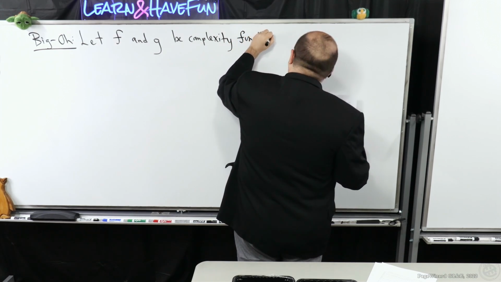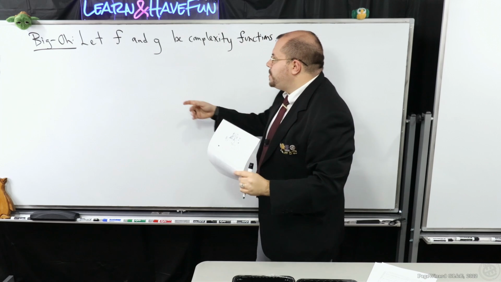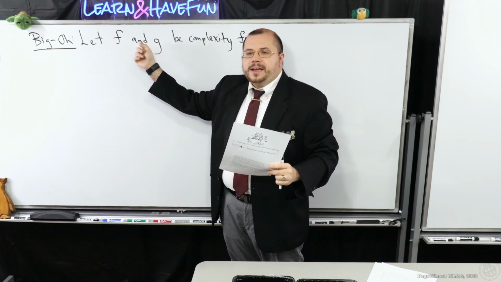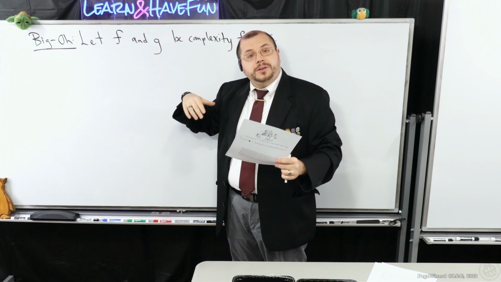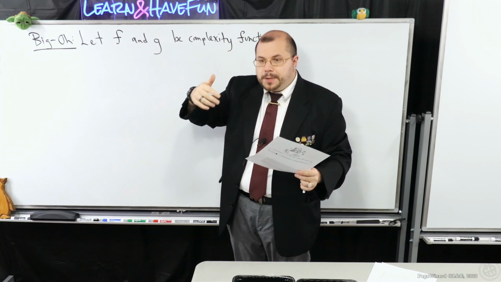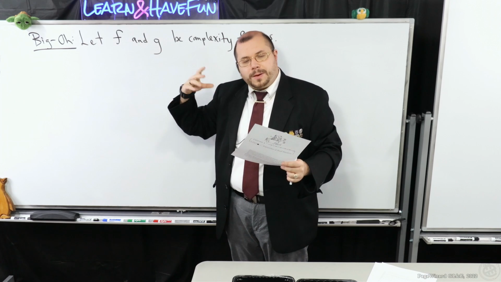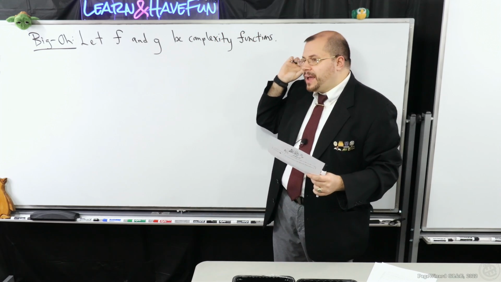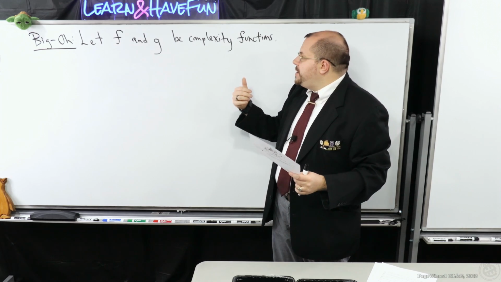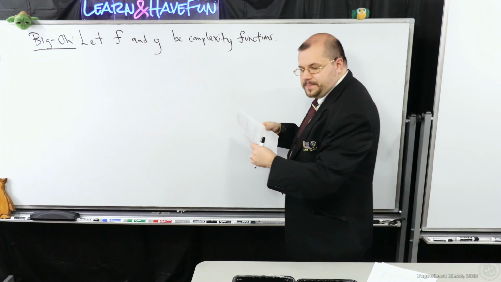Just as a reminder, these are going to be taking in a positive integer, or if you want to be charitable, you can also include 0 in that, so 0 and up. It's going to take in these counting numbers as inputs. They're going to represent, say, if we're talking about algorithmic running times, the size of that input. And then it spits out a non-negative real number, at least in our definition.